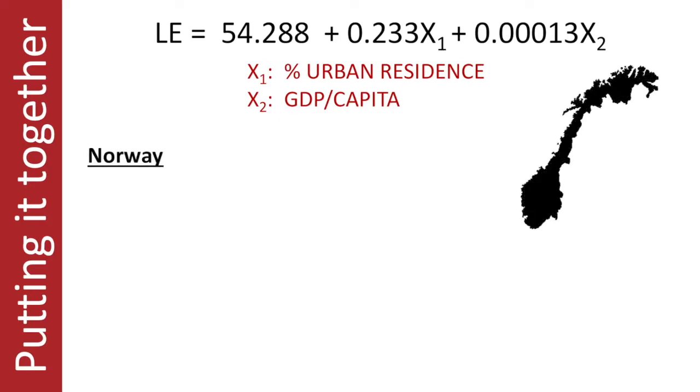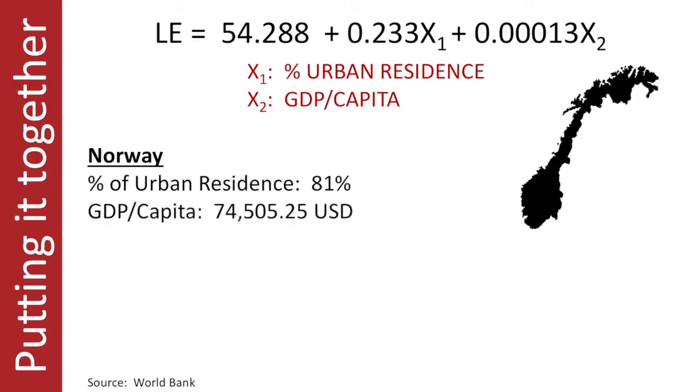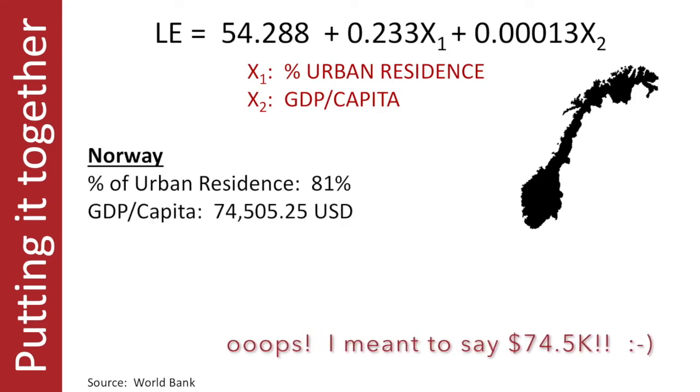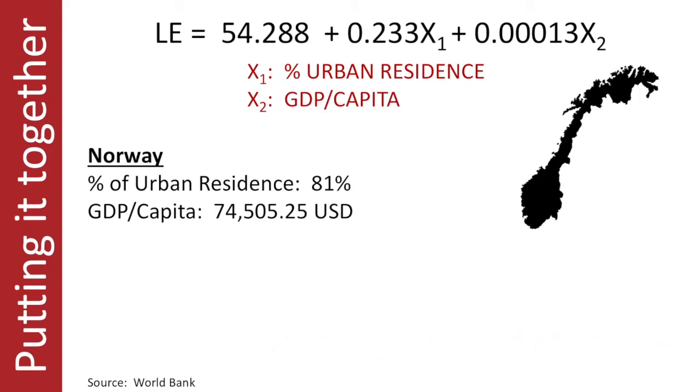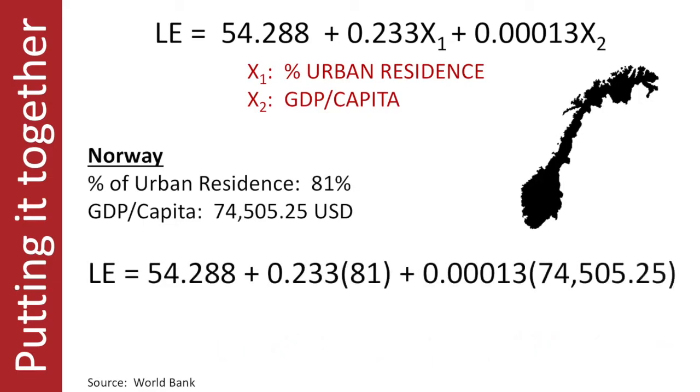We'll start with Norway. So I looked up the information for Norway and I found out that the percentage of urban residents is 81% and the GDP per capita is $54.5 thousand US dollars. So I'm going to plug those numbers into my equation like this. See, I put 81 in for x1 and the 74.5 thousand in for x2.